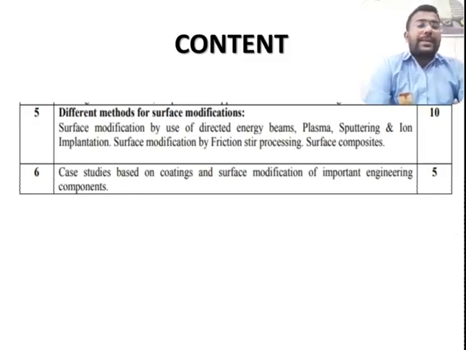There is also a plasma process, sputtering and ion implantation. These two processes are generally used for surface modification.